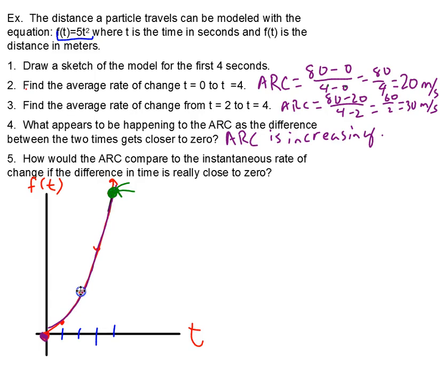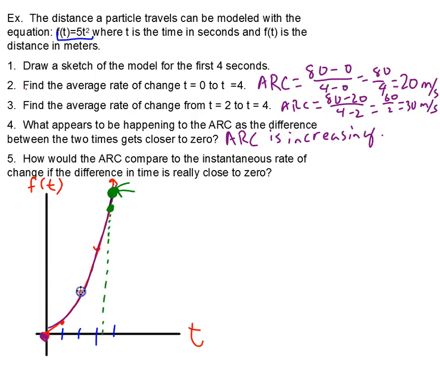Would you agree that I would still have 2 points, this point and this point, correct? Well, I could find the slope of this tiny little line connecting these 2 arbitrary points using the slope formula.